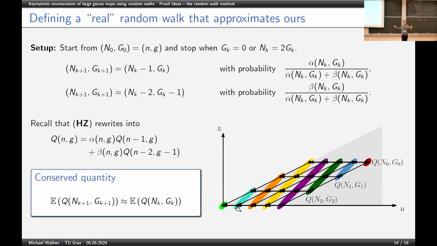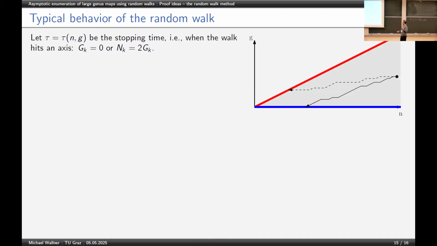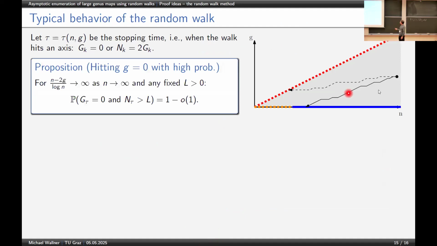Okay, and here I don't make this rigorous anymore. It's too much technicalities anyway, but we can make this one rigorous as well. The idea being you can really use the random walk here. And at the very end, what we show is we stop the random walk once it hits one axis, and we show that with high probability it hits this axis, and this is good because this is the axis where the genus is 0, where we control it, because there we have trees.